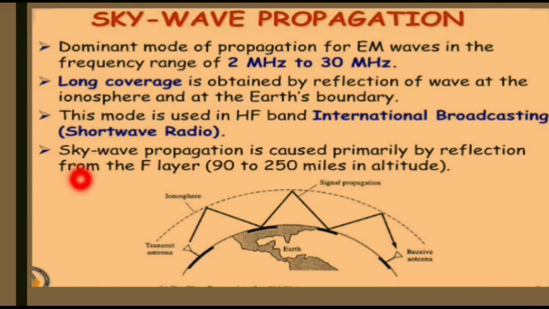And skywave propagation is caused primarily by reflection from the F layer. Which layer? F layer. That means the F layer lies from 90 to 250 miles in altitude. So see this transmitter, this is the ionosphere medium, and this is the signal propagation, right?